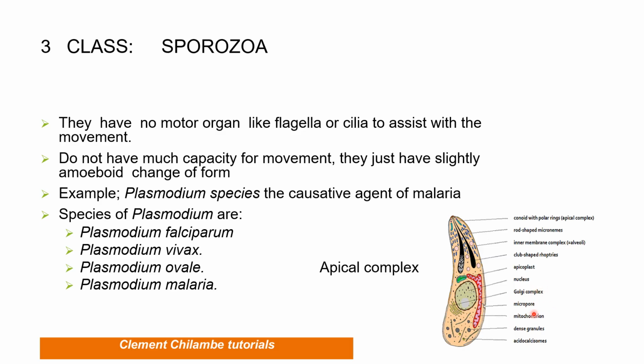It's got the Golgi complex, the nucleus, and also the apicoplast, the club-shaped rhoptries, the inner membrane complex, the alveoli, and the rod-shaped micronemes, the conoid with polar rings, the dense granules, and the acidocalcisomes. So this is class Sporozoa, and you're able to give examples, and describe what it is and how it moves, right?